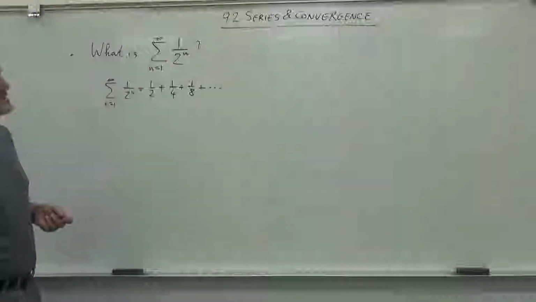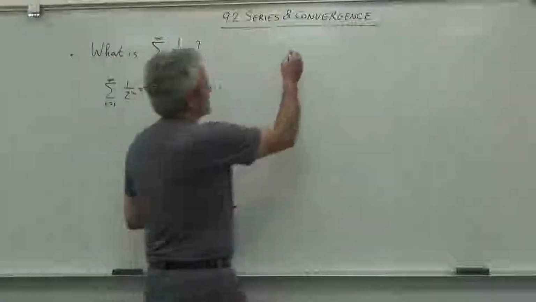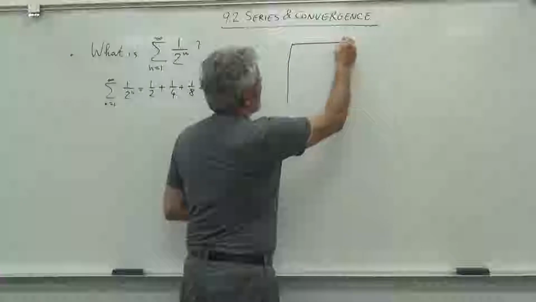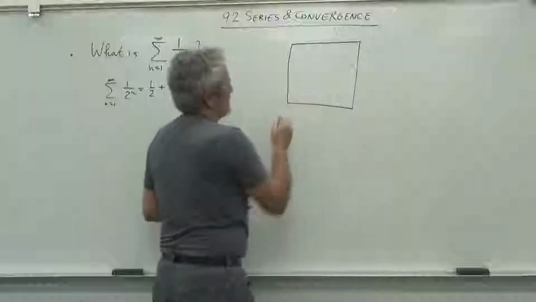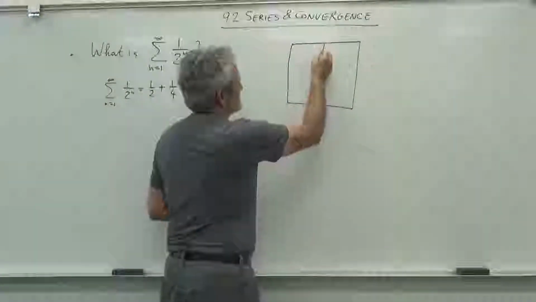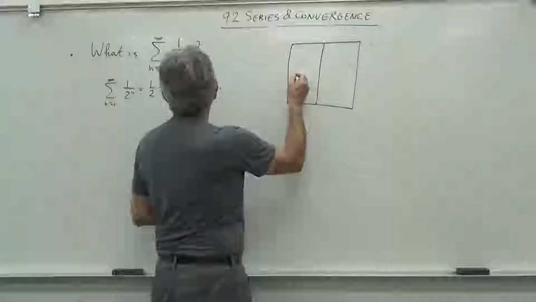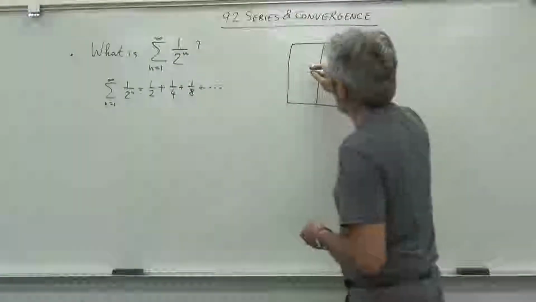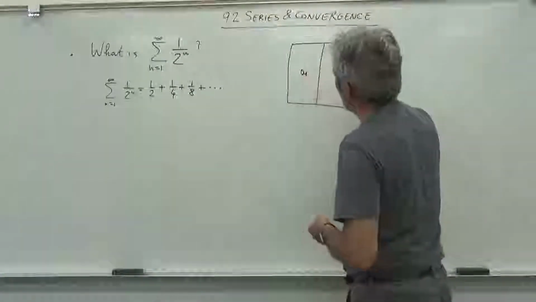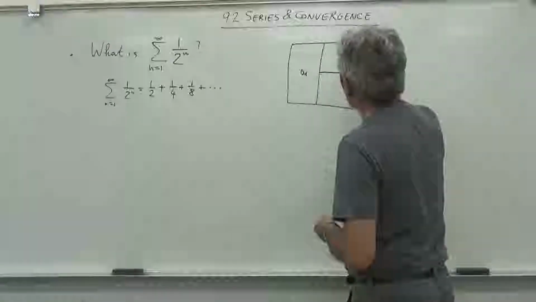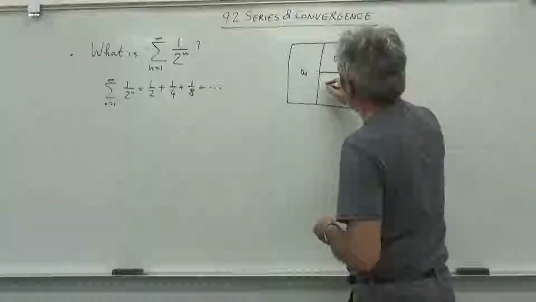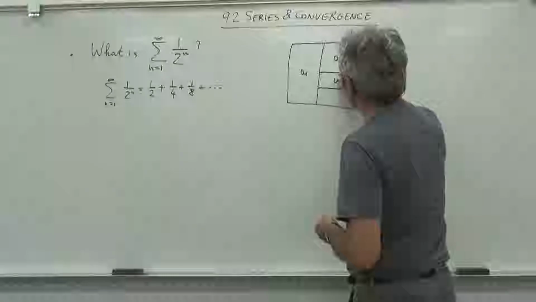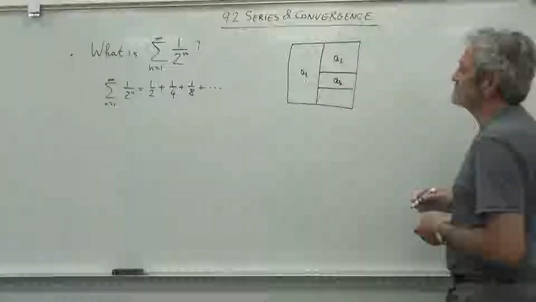Basically, we can just illustrate graphically what this represents. We'll take a square, and then take a half of it here. So that's our first member, that's actually what we call A1. And then here's our second member, A2, which is 1/4. Here's our third member, A3, which is 1/8.